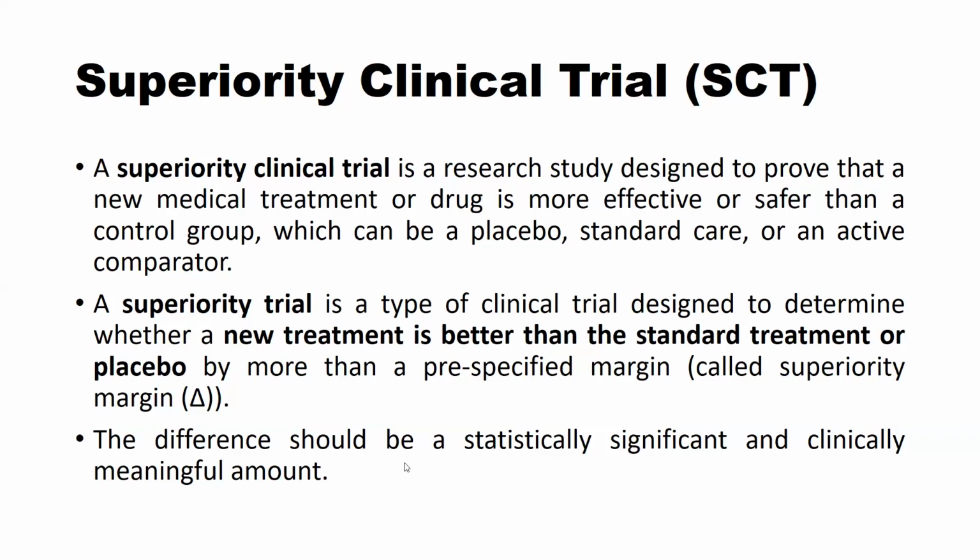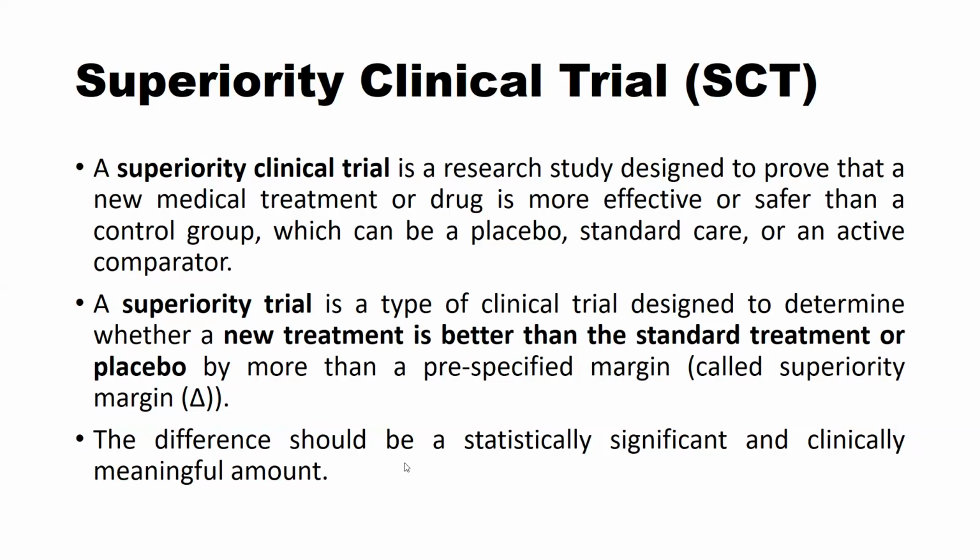So what is our alternative hypothesis? Yes, you are right: there is no difference between control and experiment group, group A and group B. I have already mentioned the alternative hypothesis: group A is better than or superior to group B in the sense of primary outcome.